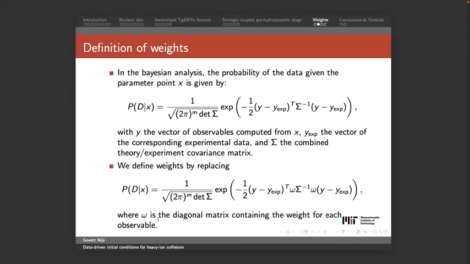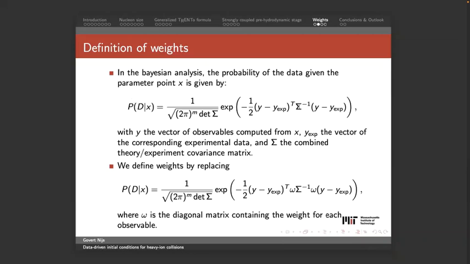So what we basically did is, I mean, we're not arguing that this is the solution. It's just that we thought it's better than doing nothing, or at least we're going to explore the problem. You saw this formula in Jean-François' talk yesterday, where you have this difference between theory and experiment, and then you sandwich the inverse covariance matrix with those differences, and you get this conditional probability.